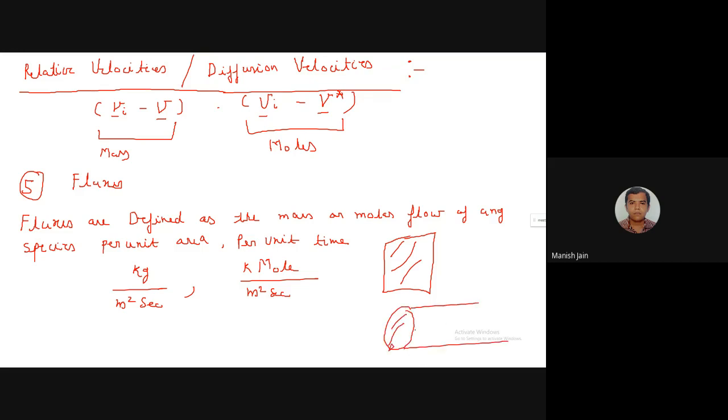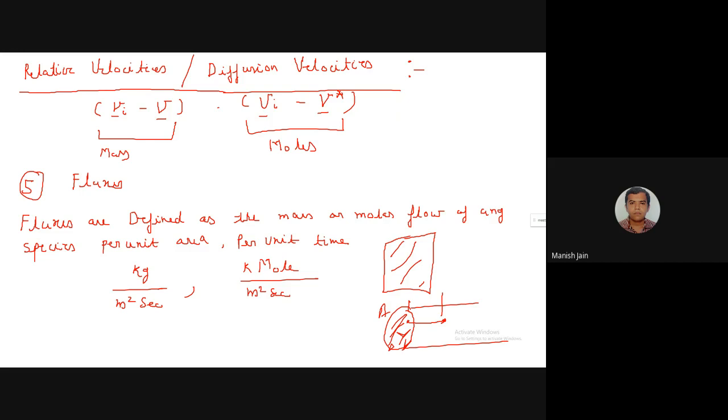First you have to know the amount of material in terms of mass transferred from one point to the other, then divide by the time to get the mass flow rate, and then divide by the cross-sectional area of the system. So you have kg per meter square second, and the flow rate divided by area gives you the flux.